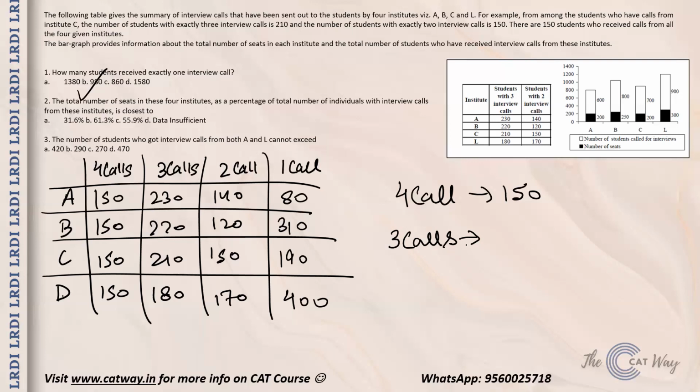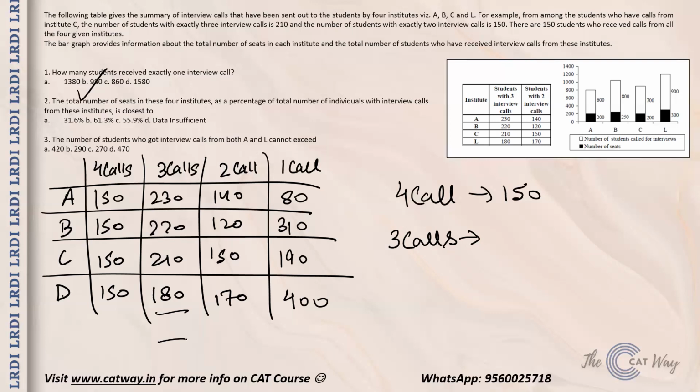That means that person is counted when you are writing the people from A who got 3 calls, and when you're writing for B, for the people who got 3 calls, he's also counted over there.